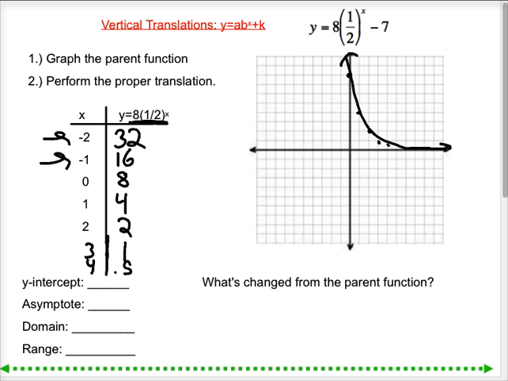All right, now what's happening? See that -7? What is that -7 doing? Well, that -7, once we plot our parent function with the stretch, now we move everything down 7. 1, 2, 3, 4, 5, 6, 7.